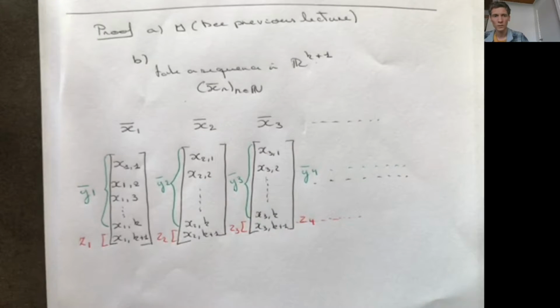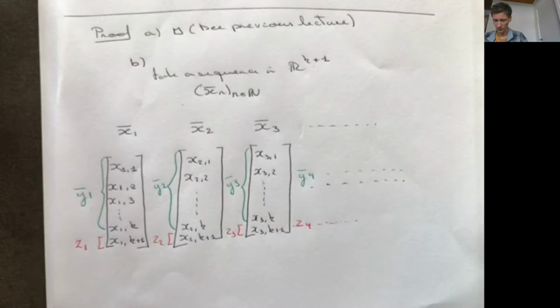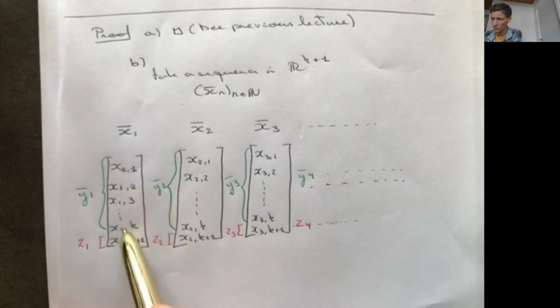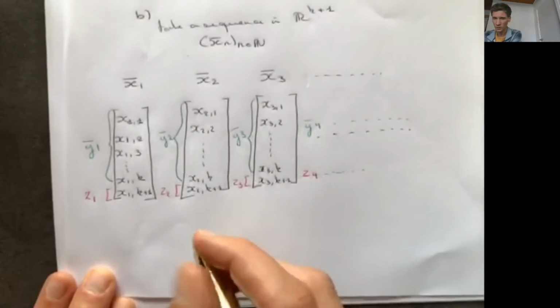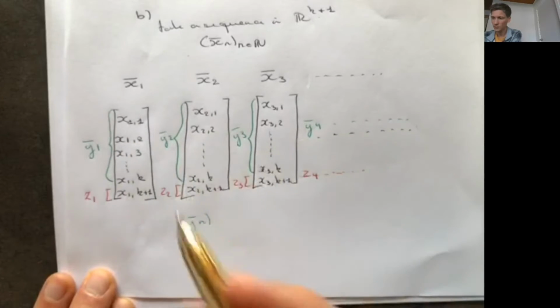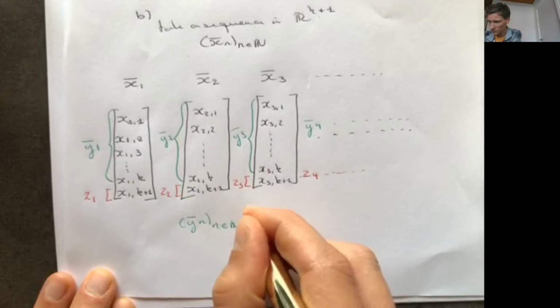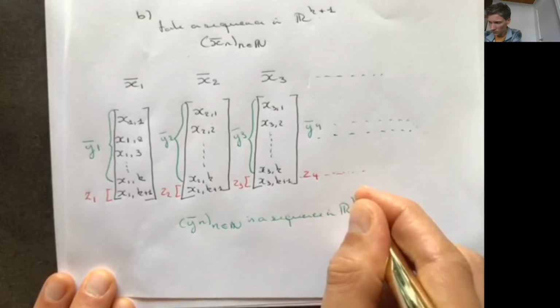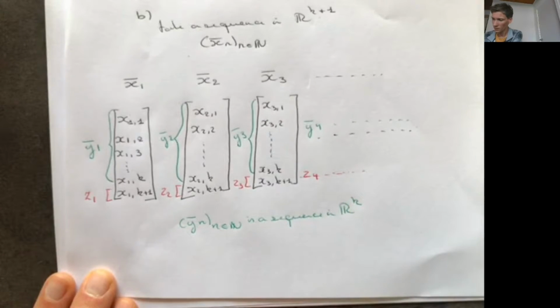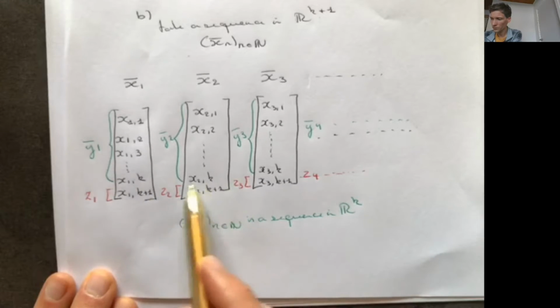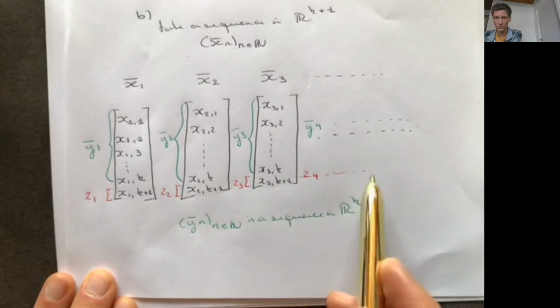So if you look at y1, y2, y3, y4, every one of these vectors has dimension k. So we know that yn, this sequence of vectors, which never ends, is a sequence in R^k. And z1 is a number, it's this number here. z2 is a number, z3 is a number, and so on.